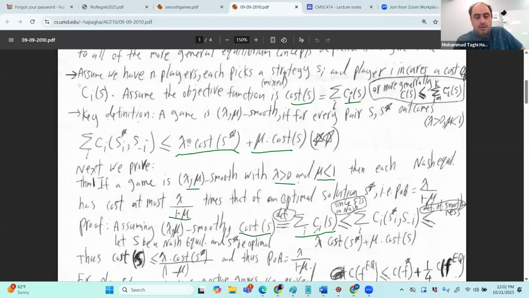Now, this is the important one: since S is the Nash equilibrium, if I change the i-th component of S with s_i star, the cost can only go up. Why? Because s_i was the best response. I just change it with an arbitrary strategy, which is, in this case, s_i star.